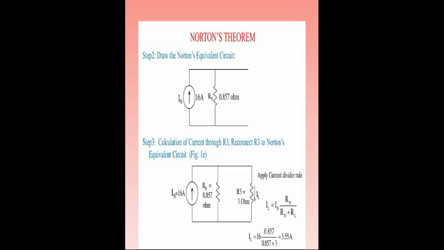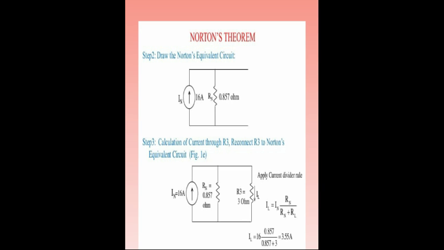So there are 3 branches in parallel. One branch consists of a current source of 16 ampere, the second branch consists of an Rn of 0.857 ohm, and the third branch is the load branch, that is 3 ohm.